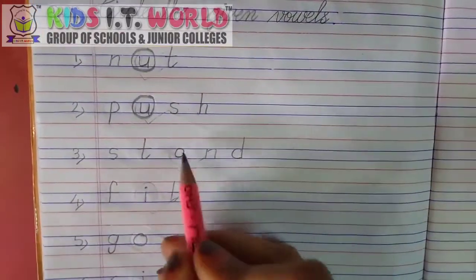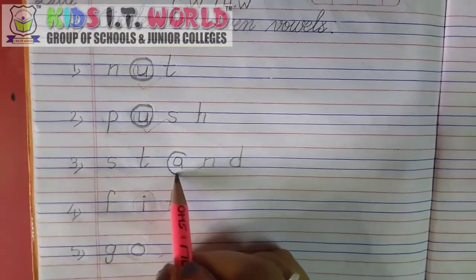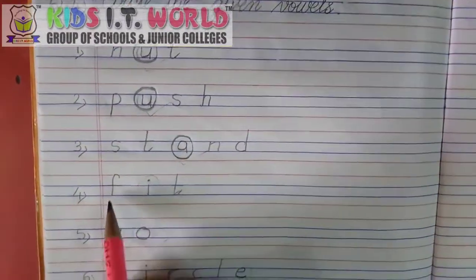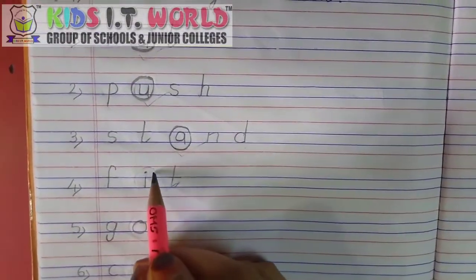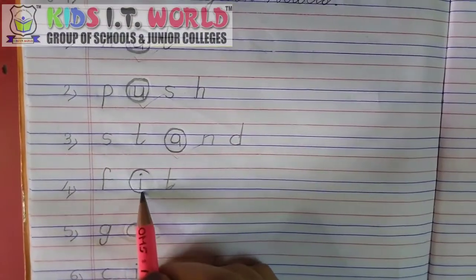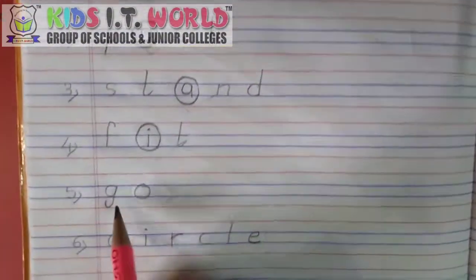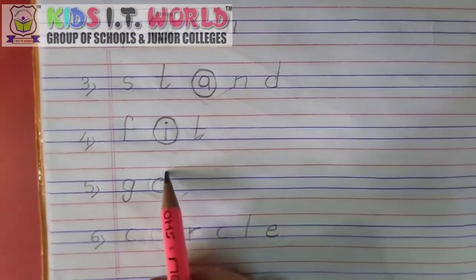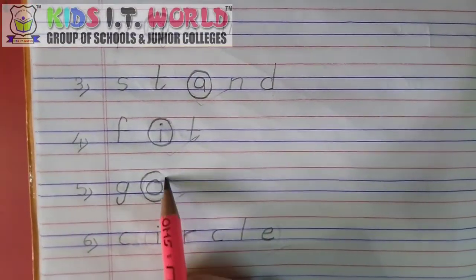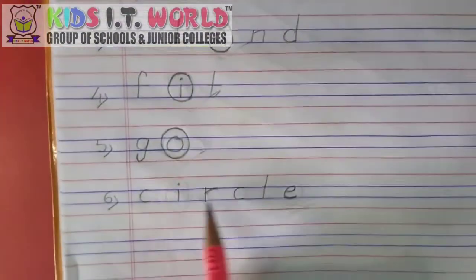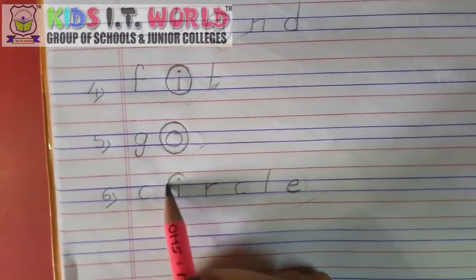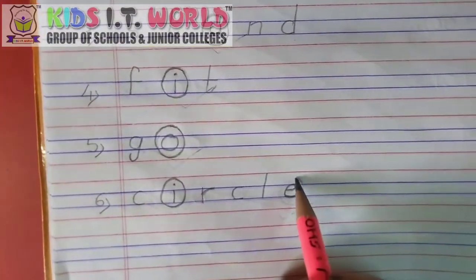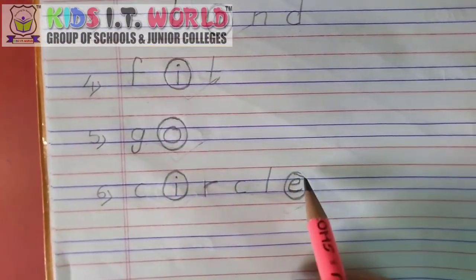S-T-A-N-D, stand. So A vowel is in this. Fit. F-I-T, fit. I is vowel. G-O, go. O is vowel here. Circle I and E as vowels in this.